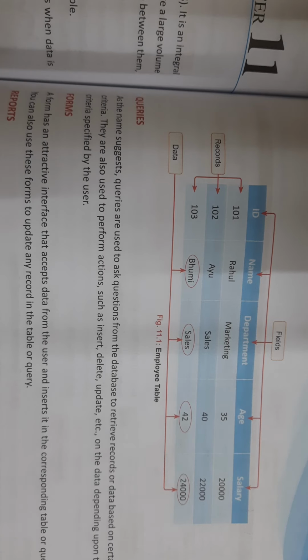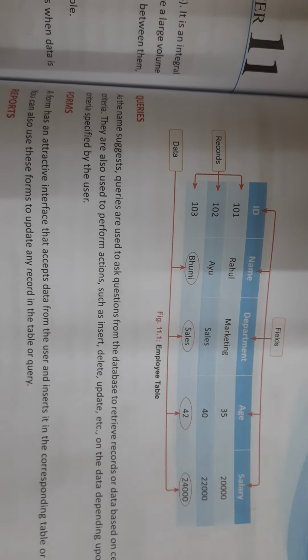Now, how to start MS Access? Everything is clearly written over here. All of you go through this, how to start this and the interface of MS Access. This I am not going to read out for you. Everyone please read this on your own. Then how to create a database. Just see. To create the database, you have to follow some steps. On opening Microsoft Access, you will get the backstage view of Access.